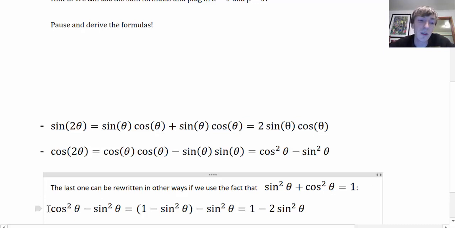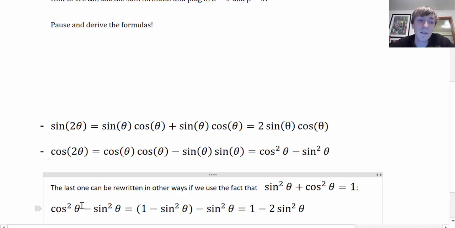So if I make the substitution, cosine squared equals 1 minus sine squared, and right now it's in parentheses, but now I've got the same thing twice, so I can write this as 1 minus 2 sine squared theta. That's nice, because it means to find cosine of 2 theta, I only have to know sine of theta, and I can plug it in from that.